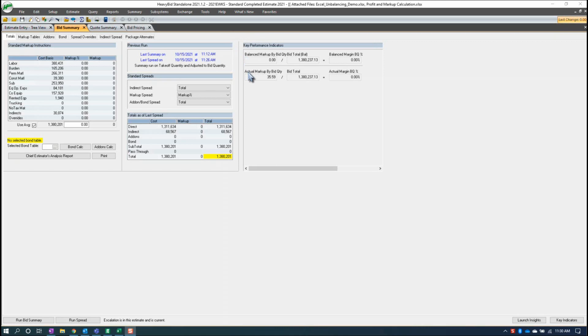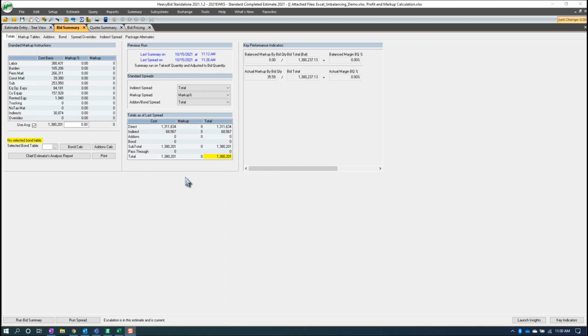For my purposes, I have the balance margin by bid quantity percentage and actual margin by bid quantity percentage. Again, you should know the difference between the two. The balance is going to be based on what HeavyBid calculates here on the summary screen, and the actual will be based on your unbalancing.